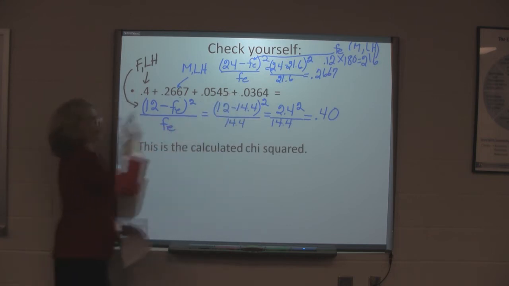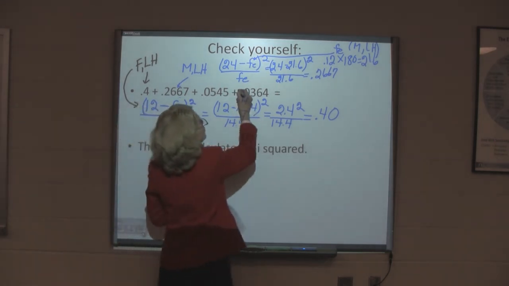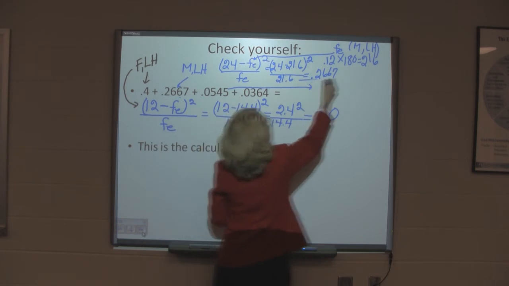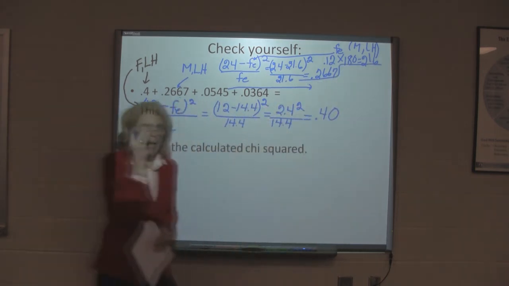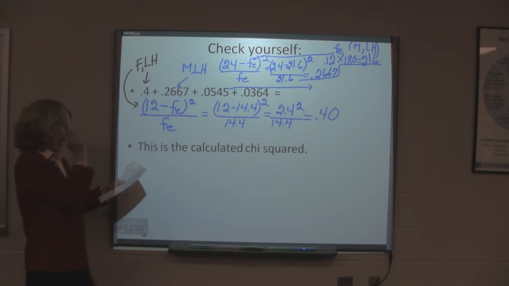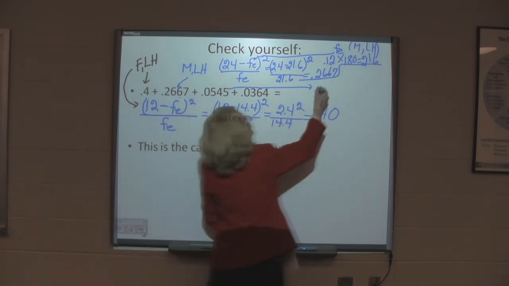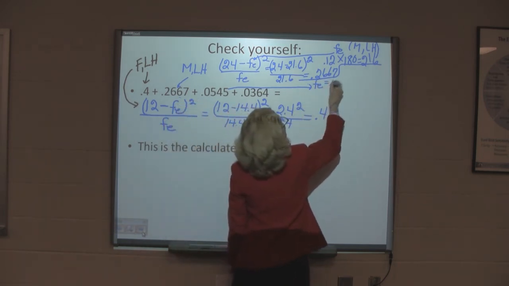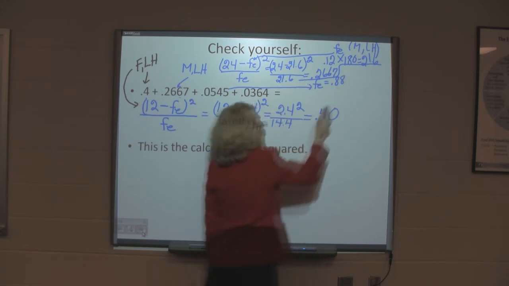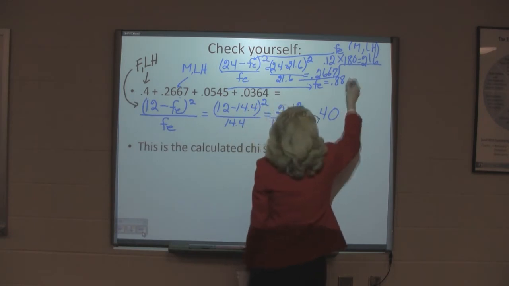Now let me just set this one up, the 0.0545. For this one, the formula, remember, starts with 1 minus P. So the F sub E for this one is 0.88, which is 1 minus P bar, times 120.